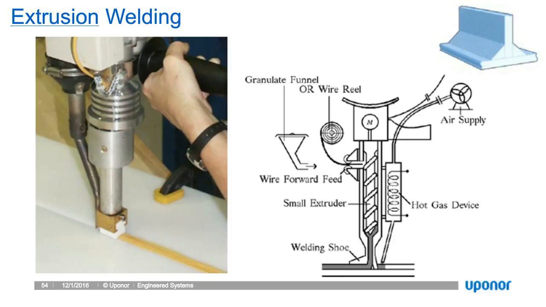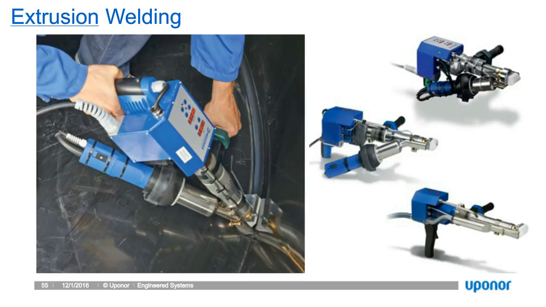Here's just a photo for those that are not familiar with extrusion welding. As you can see, these guns are quite large, sometimes 40, 50 pounds, and operator fatigue can come into play, and also the quality control and training of the operator is critical to ensure we have a high-quality product delivered to the project site.